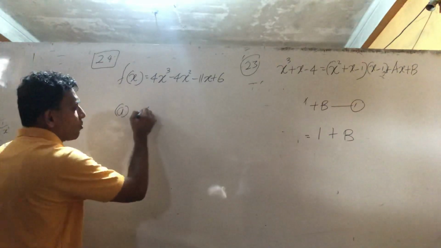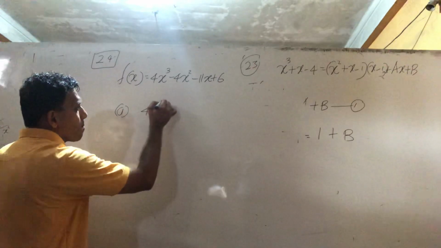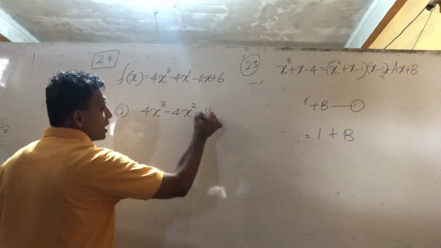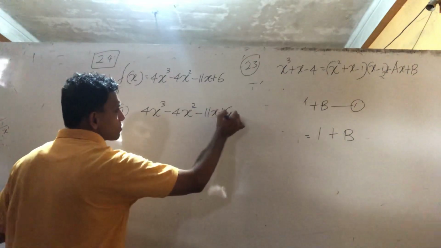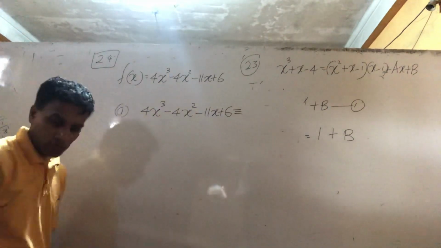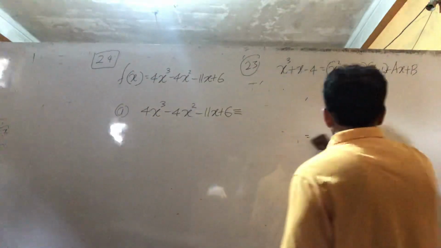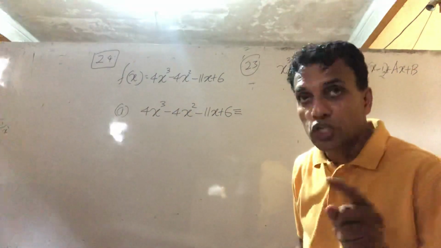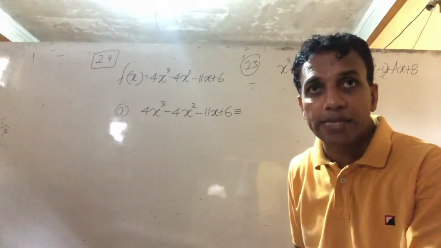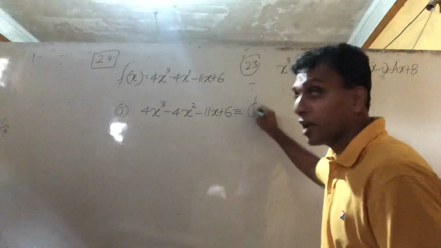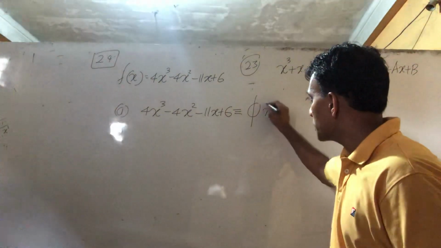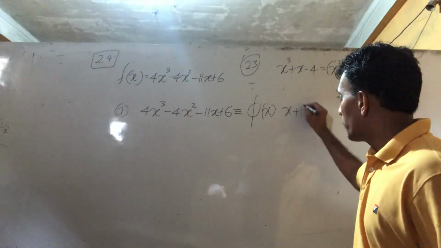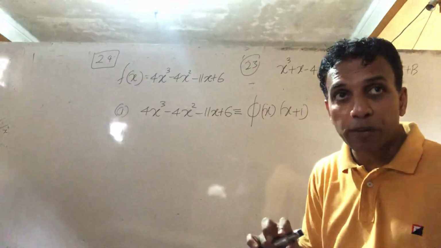So I write: 4x cube minus 4x square minus 11x plus 6 can be shown as quotient into divisor plus the remainder.